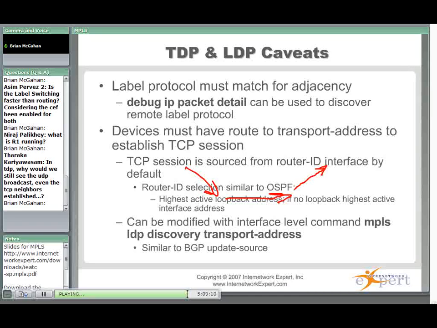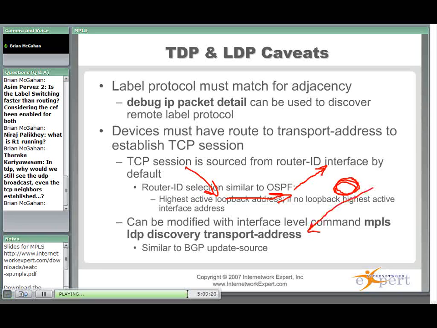If we correlate this and say show MPLS forwarding table for 150.1.3.3, we can see it's saying if it came in with 19, which it did, we should have sent it out with 18 out serial 0/0. Now, in this case, we are not receiving the reply. We are just seeing the one-way traffic going from 6 to 3. The reason why is that, let's go ahead and take a look back at the diagram here.